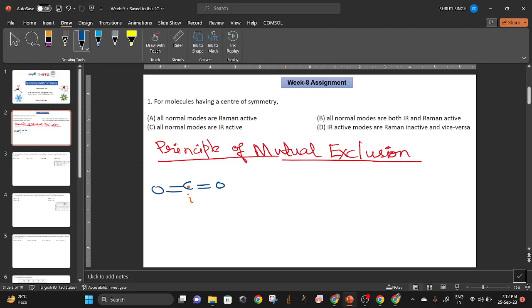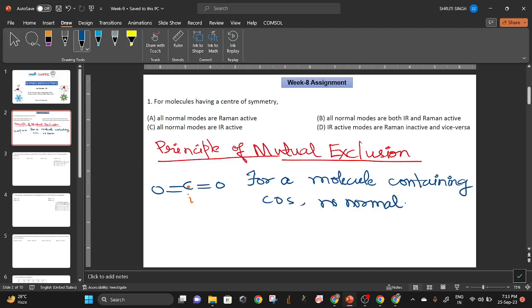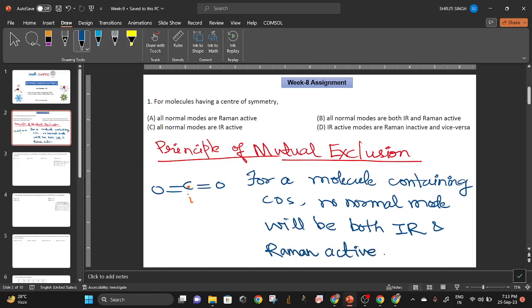So this mutual exclusion principle says that for a molecule containing a center of symmetry, no normal mode will be both IR and Raman active.